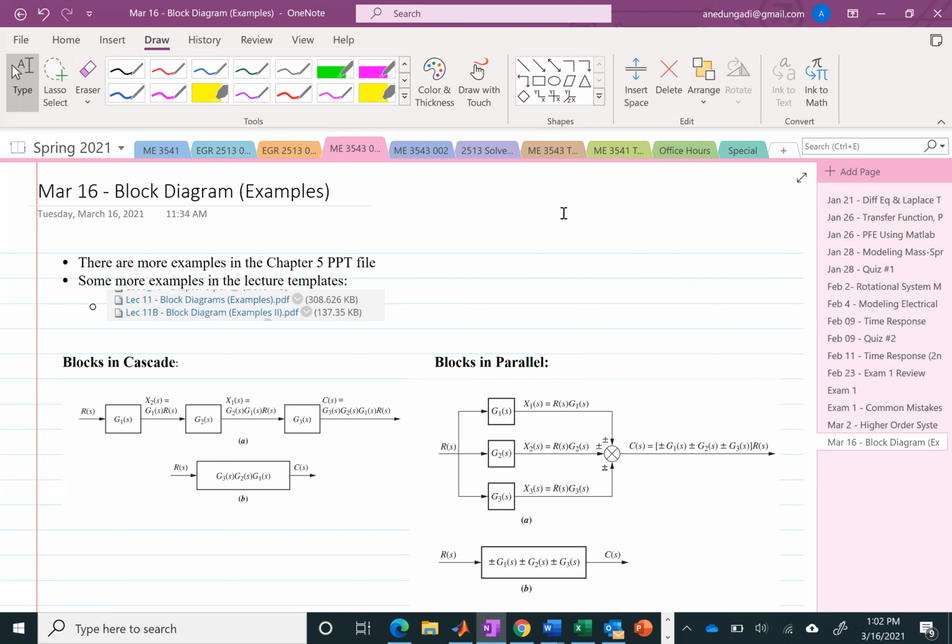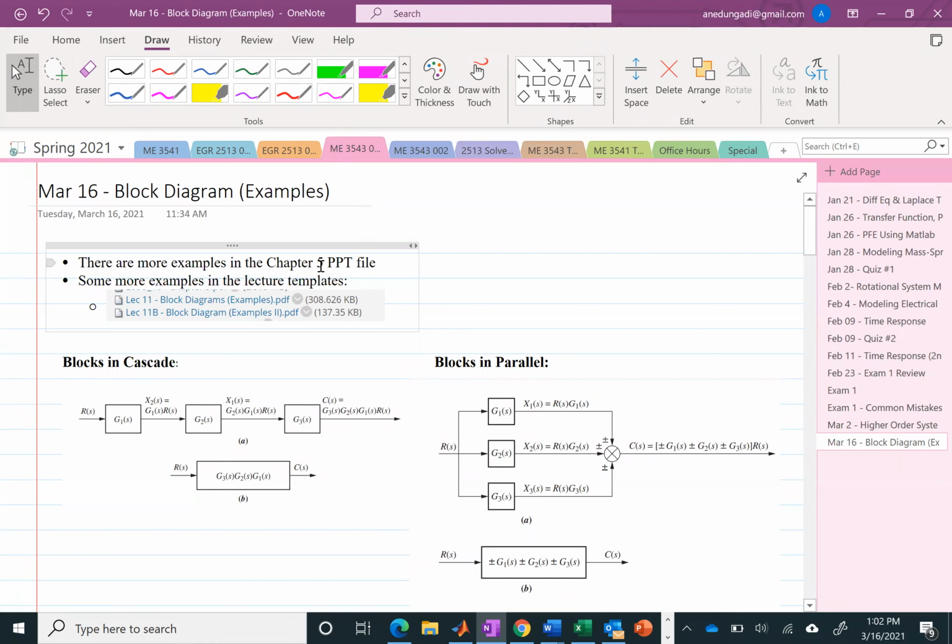Now, there are a few more examples in the chapter 5 PowerPoint file that we couldn't get to during class, but with what you already know, or what we will cover more today, you should be able to follow those examples.